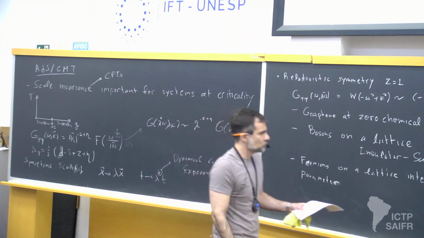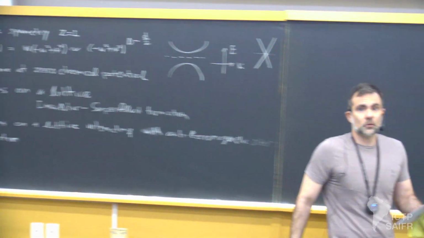Okay, so these are all examples which have z equals 1.